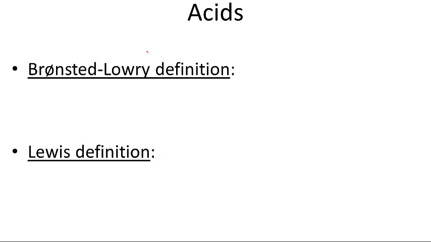If I just say acid, then we're really referring to the Bronsted-Lowry definition. So if I just say acid or I just say base, then this first definition is the one that I go with. So this is the common definition of acid.